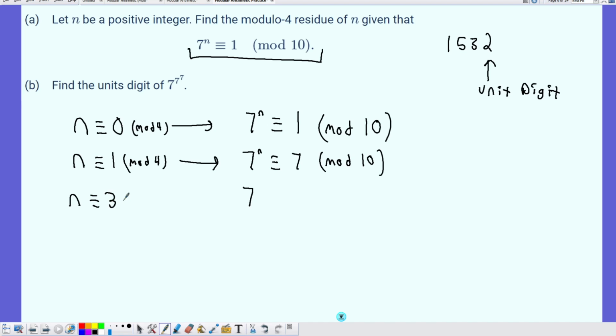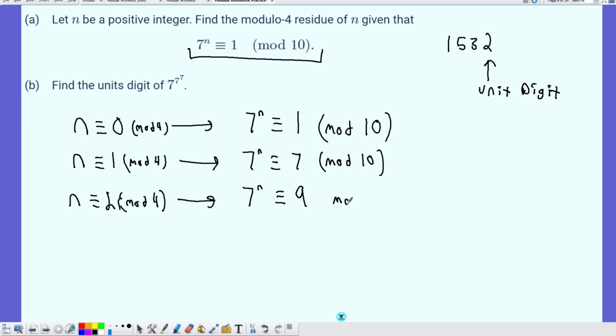Then, if I said that n was congruent to 2 mod 4, that would be 7 to the 2nd power. I skipped one. 7 squared would be equivalent to 49, which mod 10 is just 9.